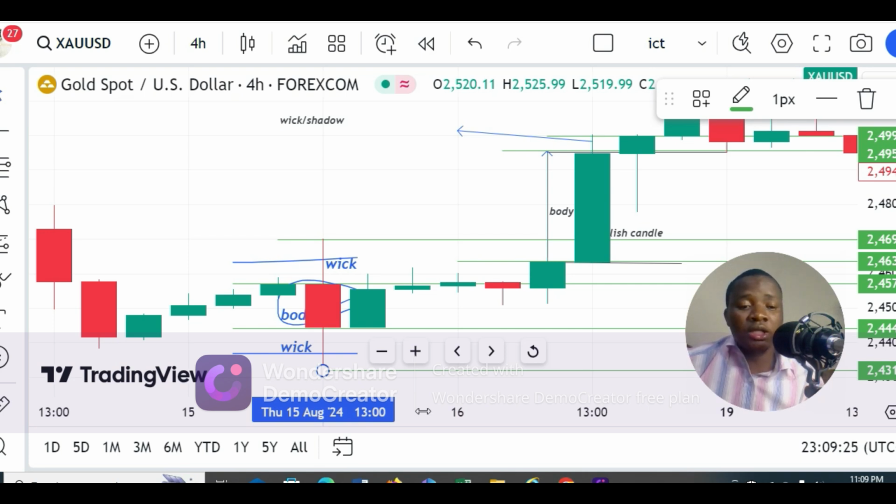If the price is continually printing bullish candles, then it is a bull market, and you are supposed to look for buying opportunities. On the other hand, if the price is continually printing bearish candles, then sellers are in control and you are supposed to look for selling opportunities. That's basically what you do through interpretation of a candlestick.